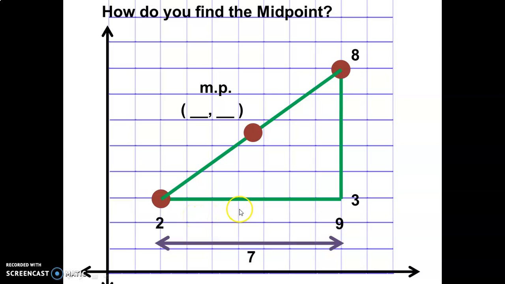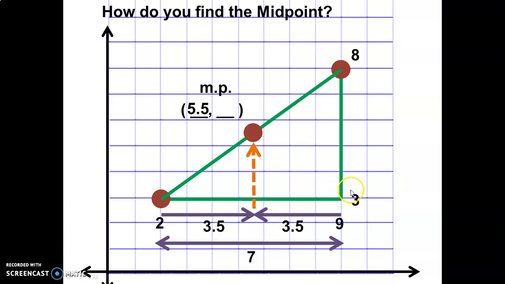If you take 7 and divide it by 2, we get 3.5. That means 3.5 away from 2 will be the midpoint, and 3.5 back, or 9 minus 3.5, will give you the midpoint. And that happens to be the point 5.5. Because when you add 3.5 to 2, you get to 5.5. Likewise, when you go from 9, you get to the same place. That's the middle of the x values.